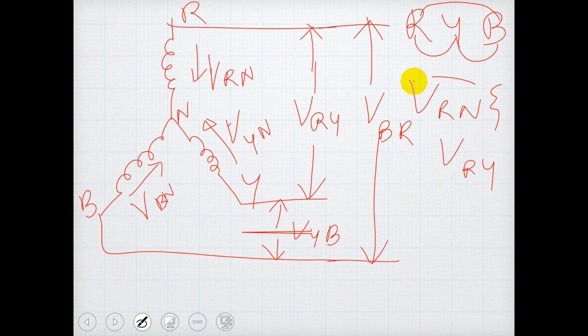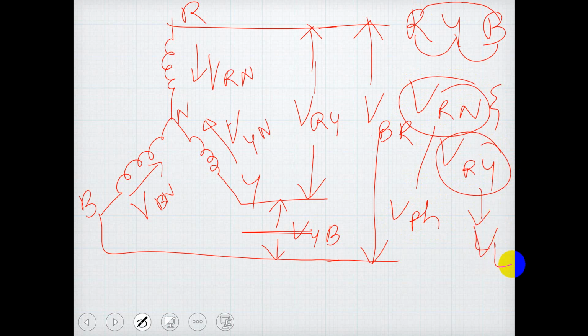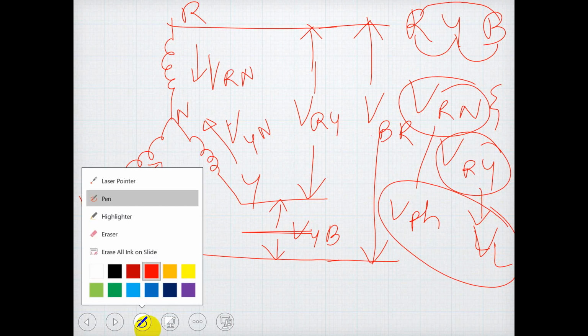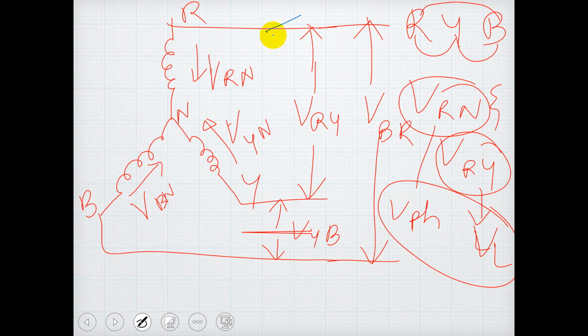So we know VRN is your phase voltage and VRY is your line voltage, correct? So we need to find the relation between these two. Now for your understanding, if you observe in star connection, the line current is coming here, so this is IR.